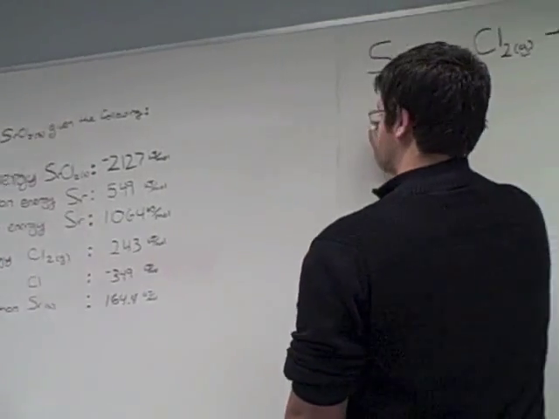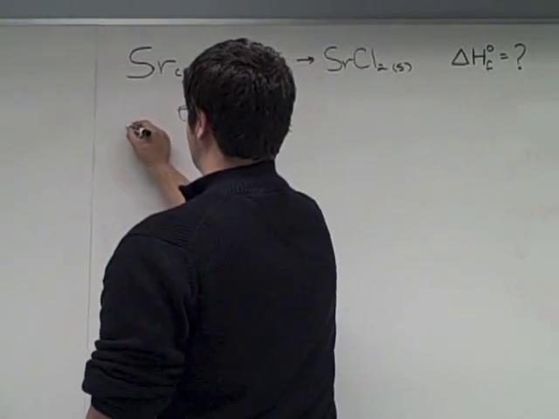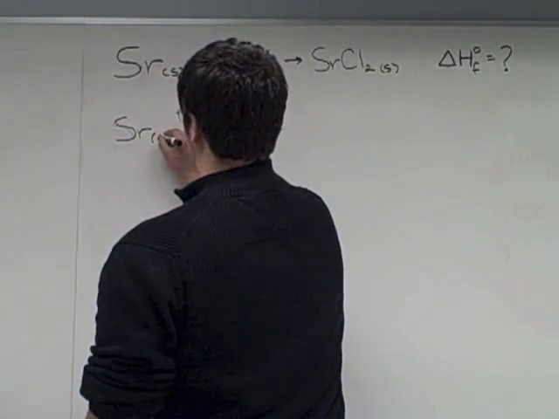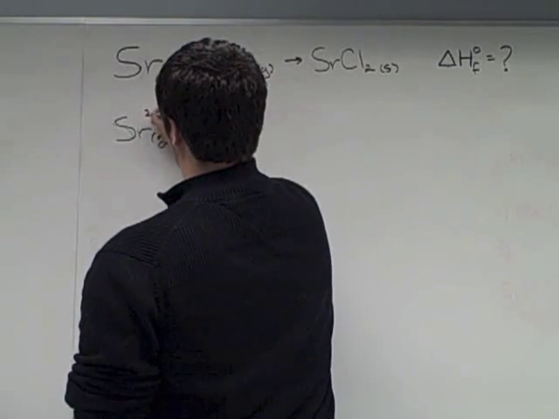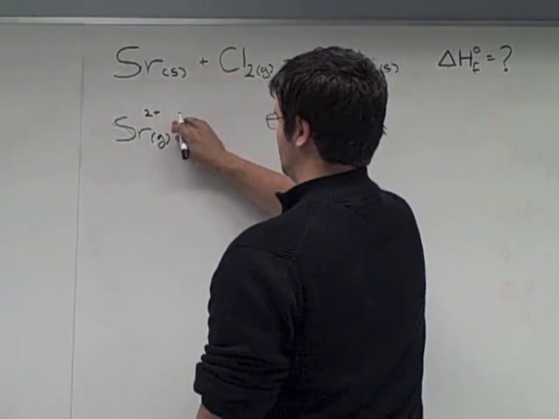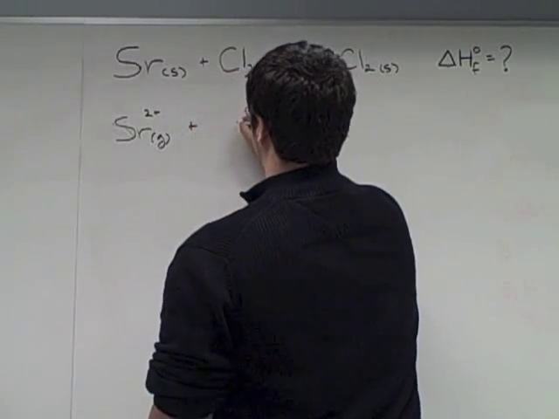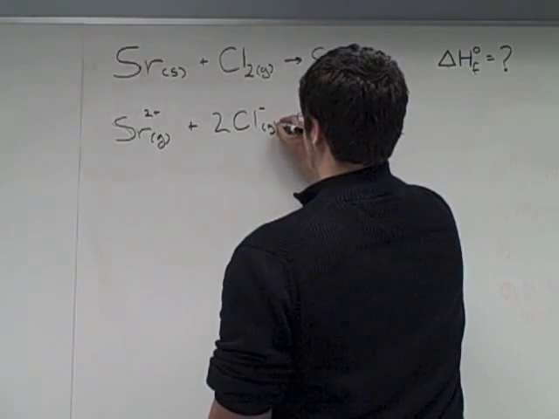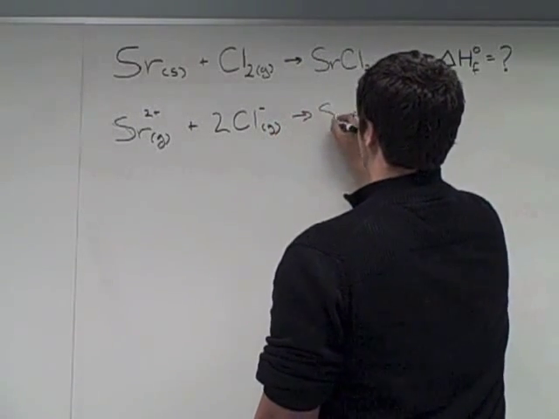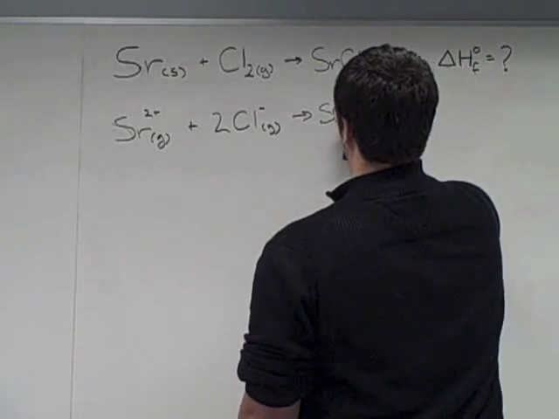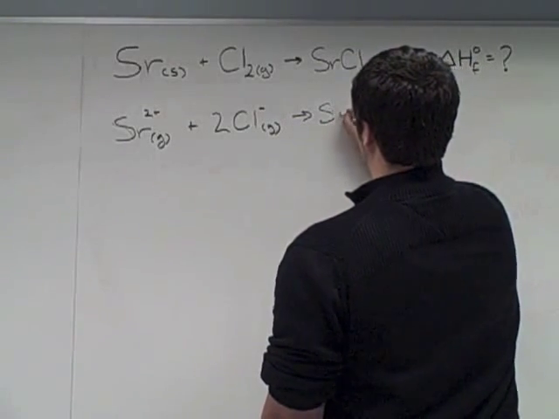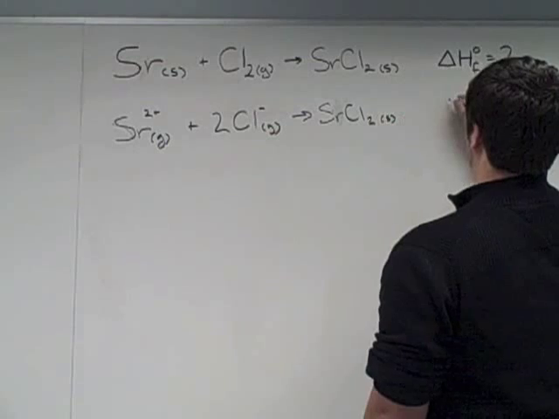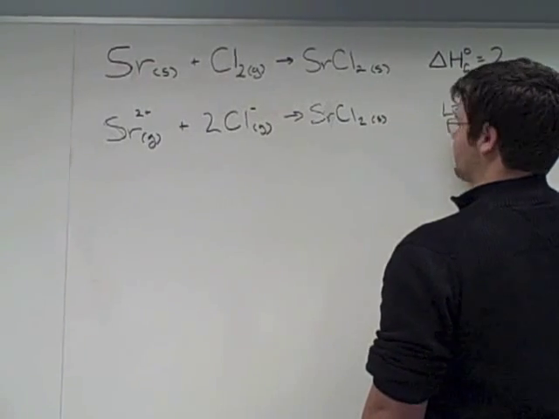So in equation form, that will be strontium with a positive 2 charge plus 2 chlorines with a negative charge going to strontium chloride in the solid state. And that's the lattice energy.